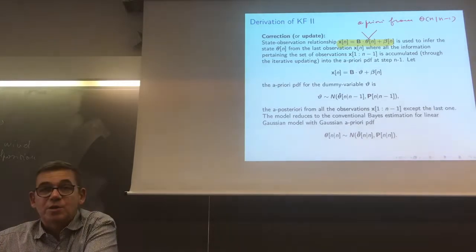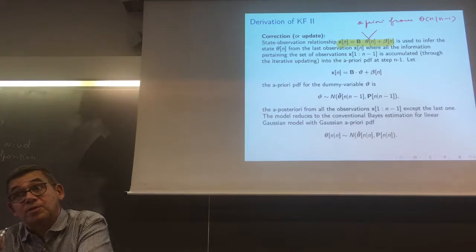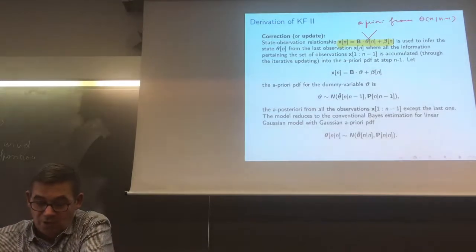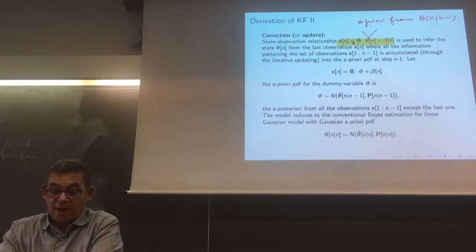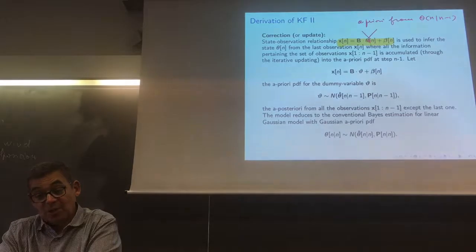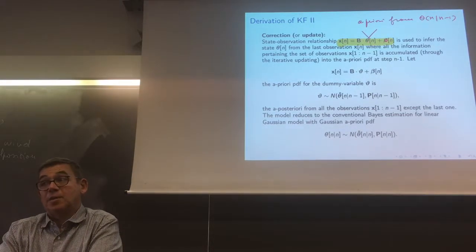So I'm using the a priori information coming from the predicted value of the previous step. Looking at this problem, I have the data, I know B. I don't know theta, but I know its a priori probability. I know the statistical property of beta.